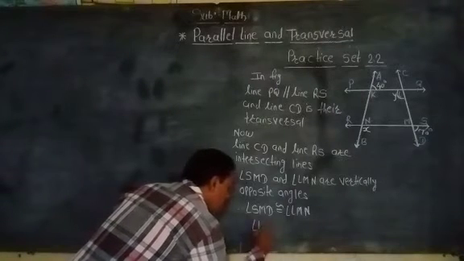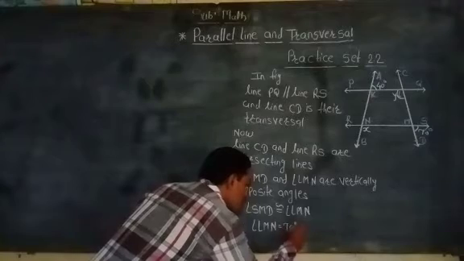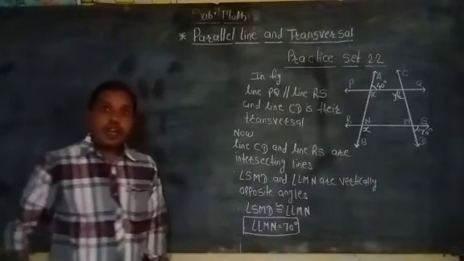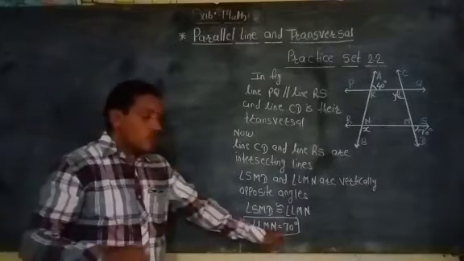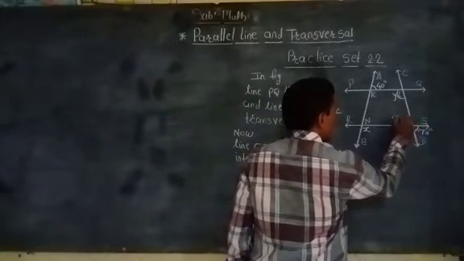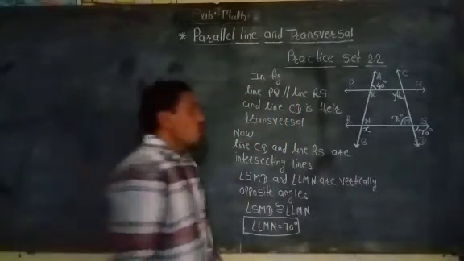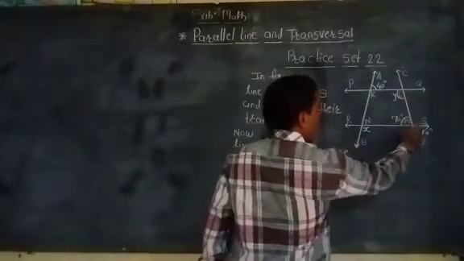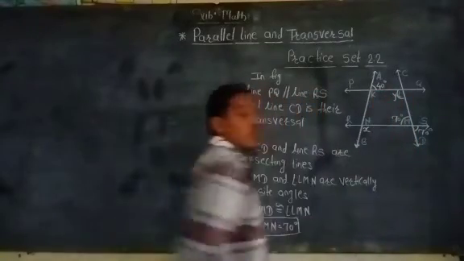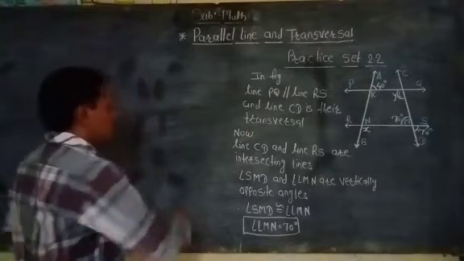Therefore, angle LMN is equal to 70 degrees. Now the measure of angle LMN and the measure of angle MLK are interior angles of each other.